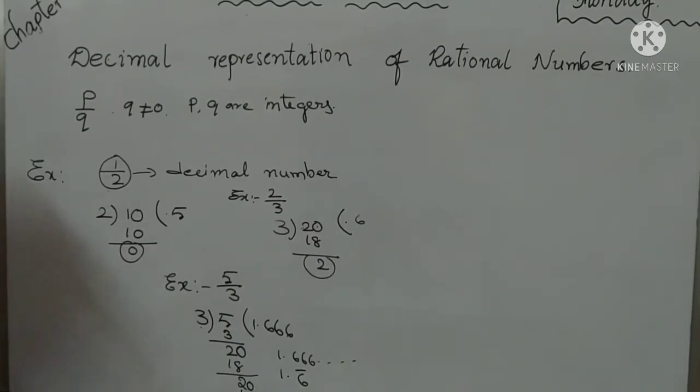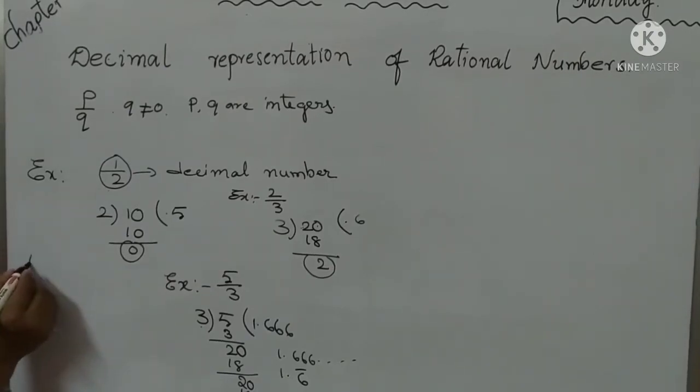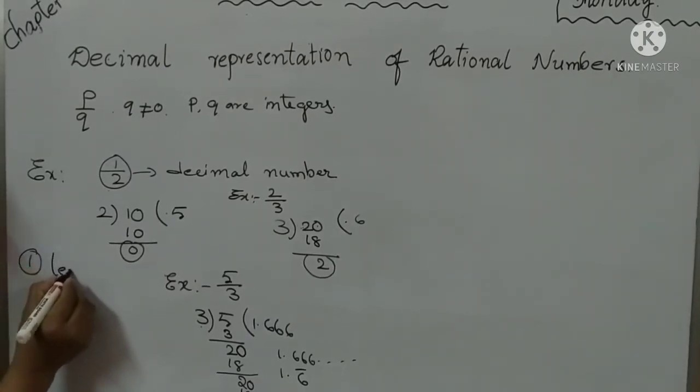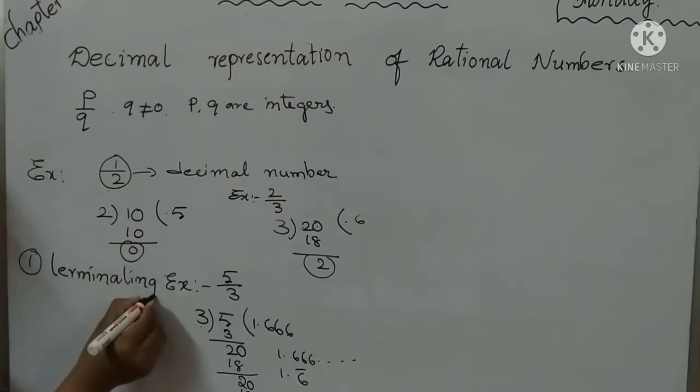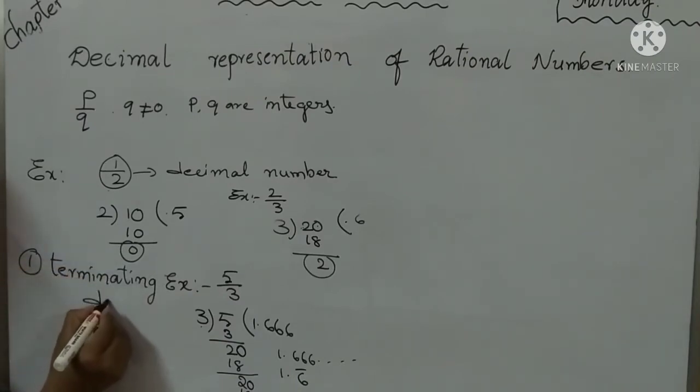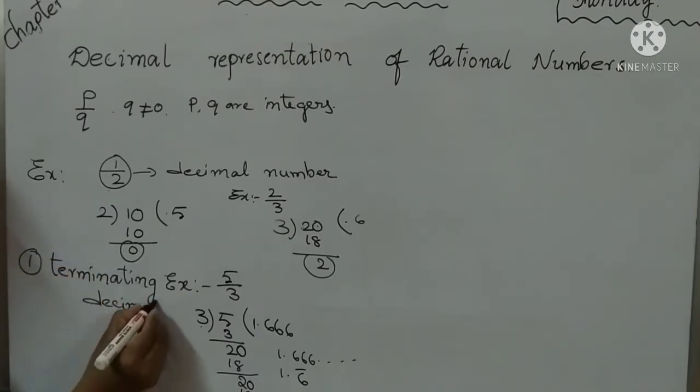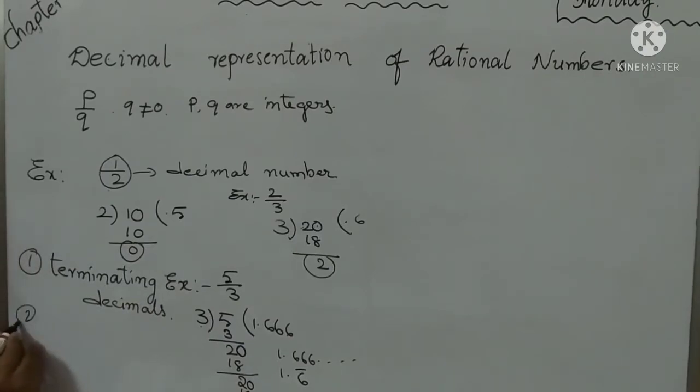So there are two types of decimal forms. What are they? One is the terminating decimals.